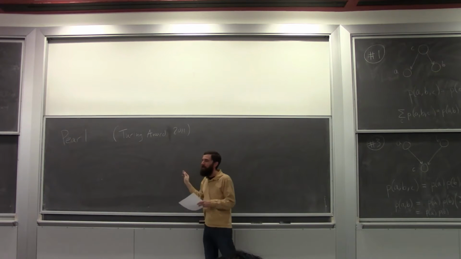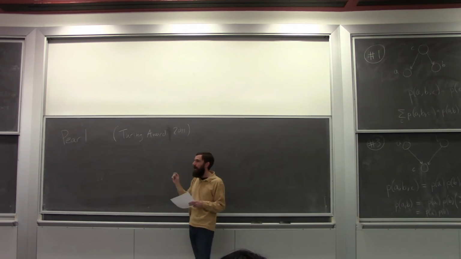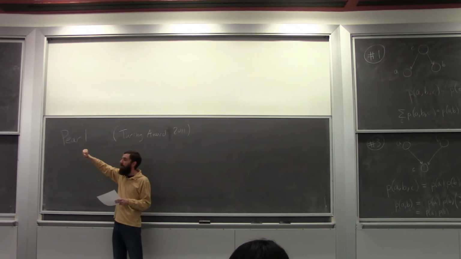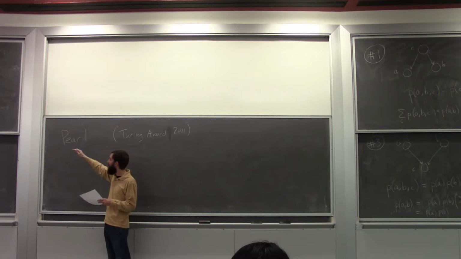And he won for Bayesian networks? Bayesian networks, yeah, the guy that came up with them. So the Turing Award was for Bayesian networks? Amongst other things, yes.